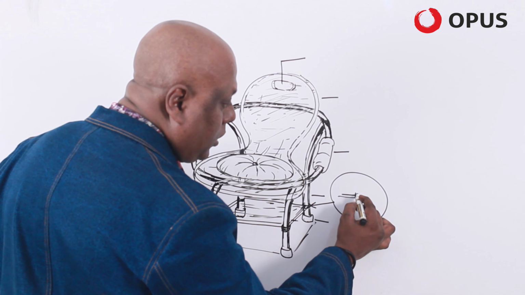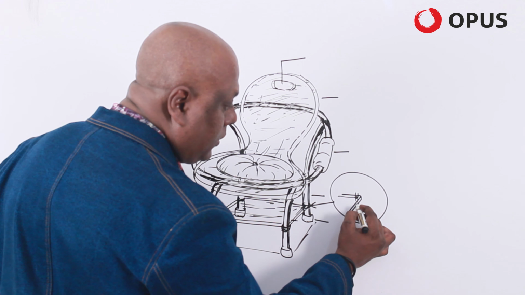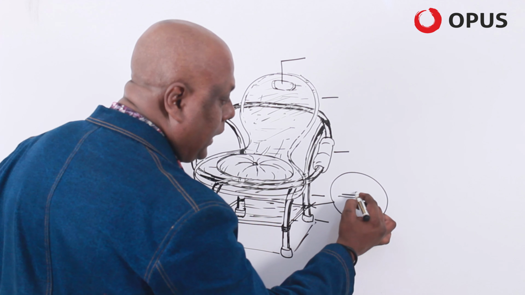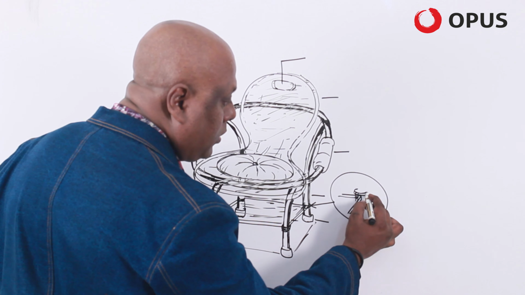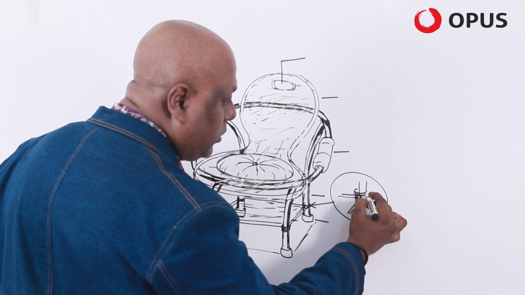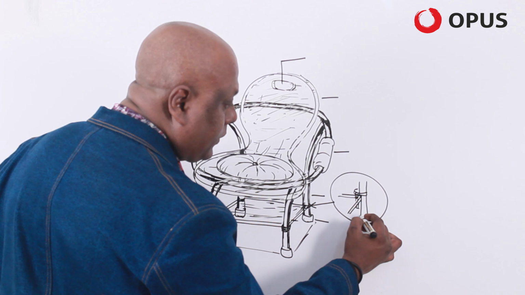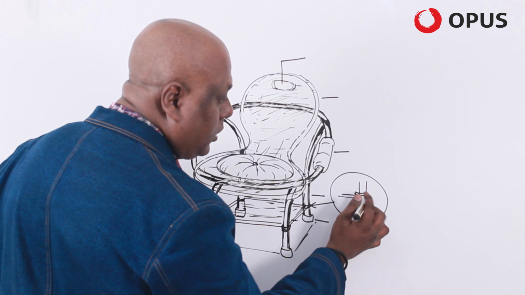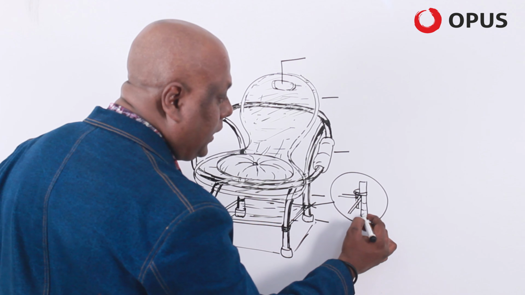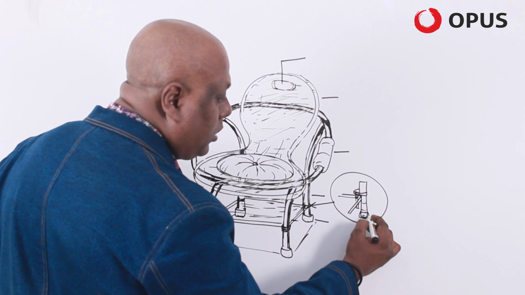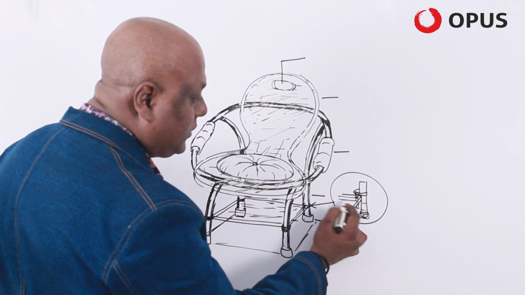Through the hole, you can pass a pin, and through the pin you can attach a clamp, and on the clamp you can put the leg of the chair. So you can see that I have tried to show exactly how the chair attachment of the glass shell should be here.